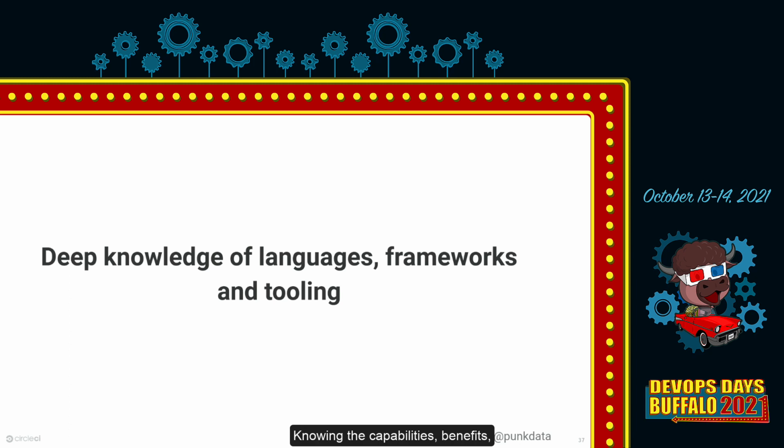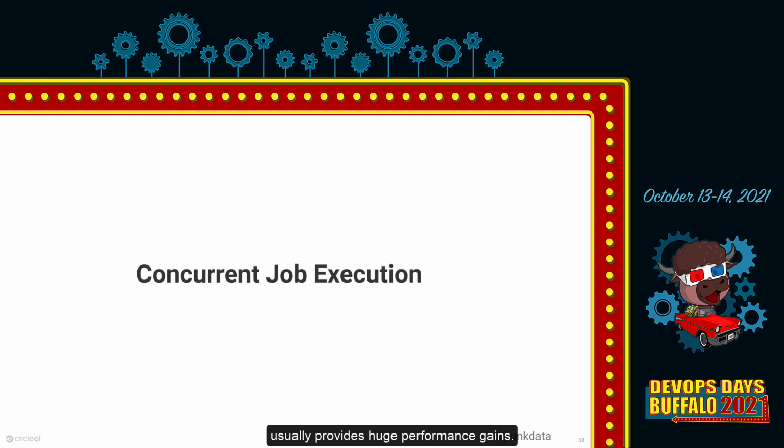Knowing the capabilities, benefits, and limitations of these technologies that teams leverage improves the overall quality of code and assists in understanding and resolving current or future performance impacting bottlenecks. For example, running test suites concurrently by exercising a language's native concurrency capabilities in code usually provides huge performance gains.